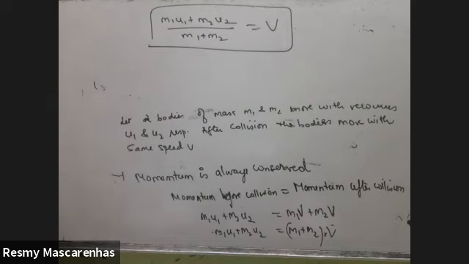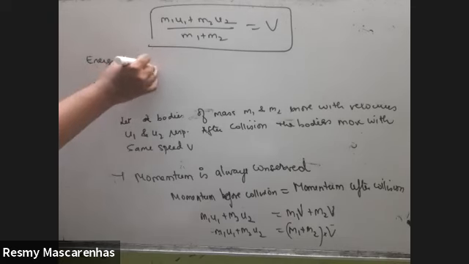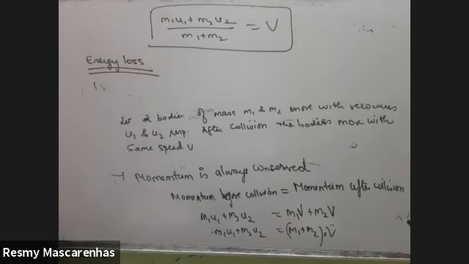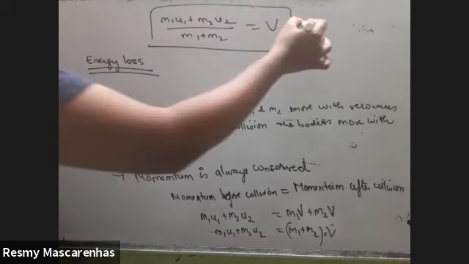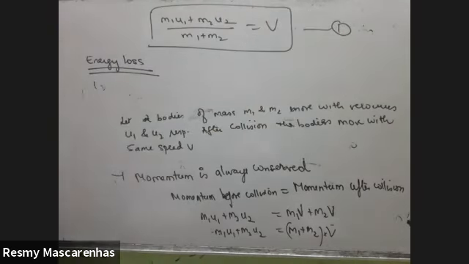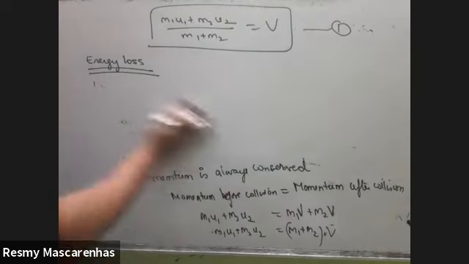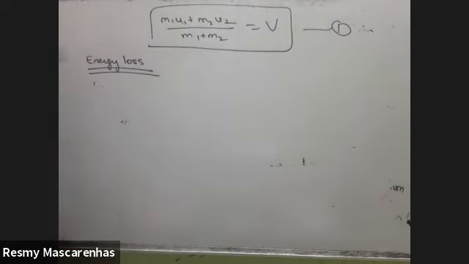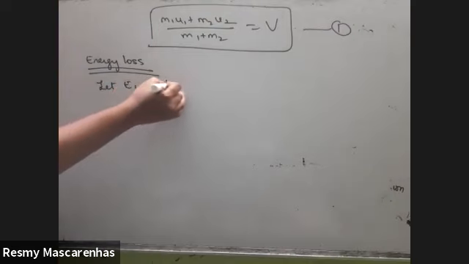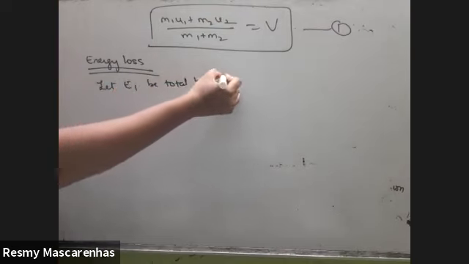Now we'll calculate the energy loss. You can mark this as equation 1. Let E1 be the total kinetic energy before collision.